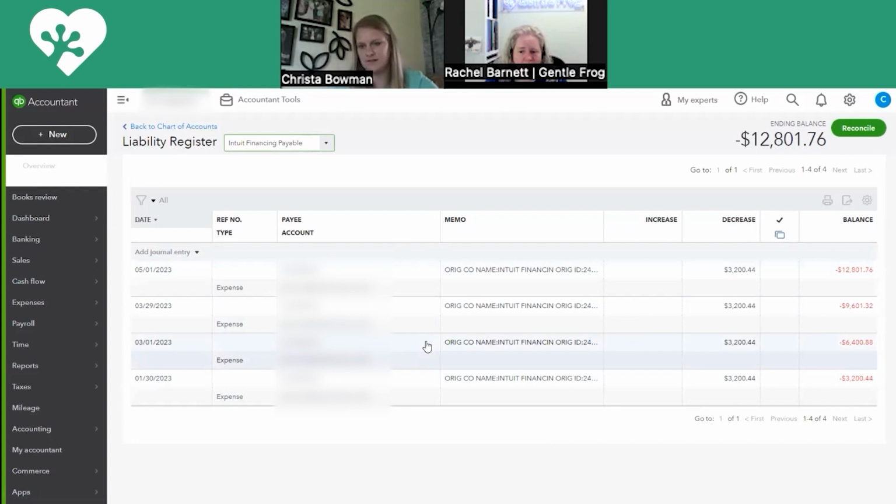He took out a loan for 36,000, and he gave me the original document that states the gross amount and the interest rate, but it doesn't break out the payments. It says there's a monthly payment of 3,244, but I don't know how much is interest versus principal. I don't know if I need more from him or what I need to do with this.